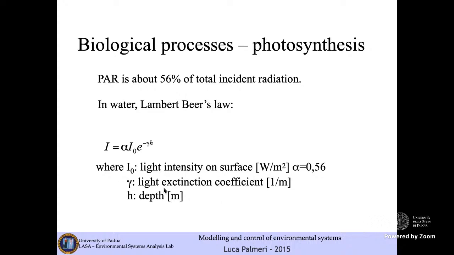So this incident radiation, even at 56%, is able to perform photosynthesis. Then we have a parameter that is the light extinction coefficient gamma and the depth expressed by h.